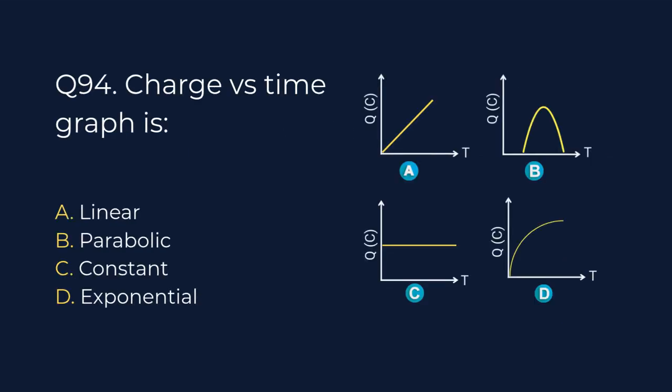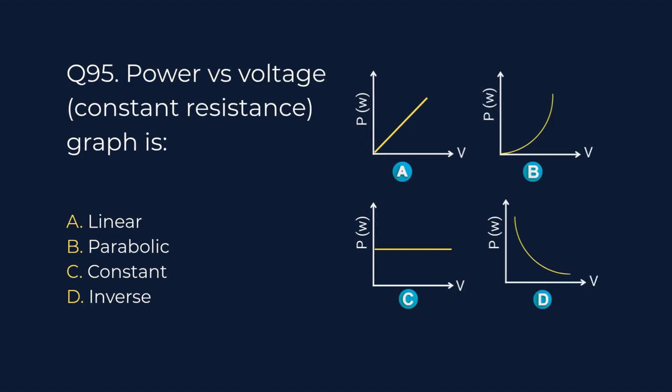Charge versus time graph is option A linear, option B parabolic, option C constant, option D exponential. Question 95. Power versus voltage at constant resistance. The graph is option A linear, option B parabolic, option C constant, option D inverse.